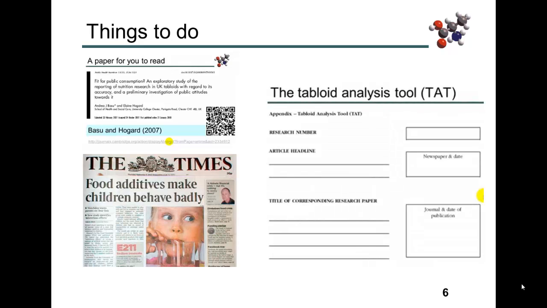This tabloid analysis tool, or TAT, is taken from the scientific article previously quoted. The work with the tool is done as a team and again before the classroom session. When they've completed this work, they report their findings in a classroom session, either by a verbal presentation or possibly by some other method.